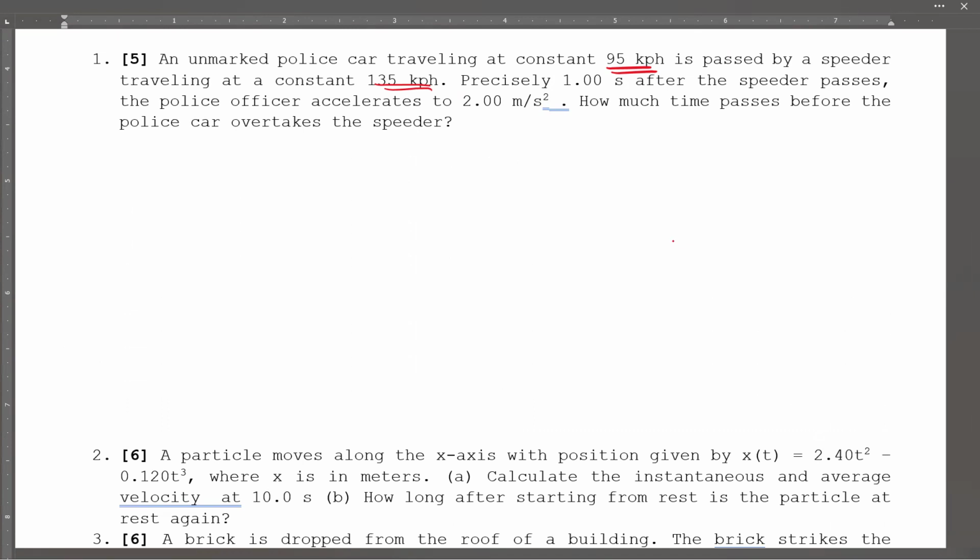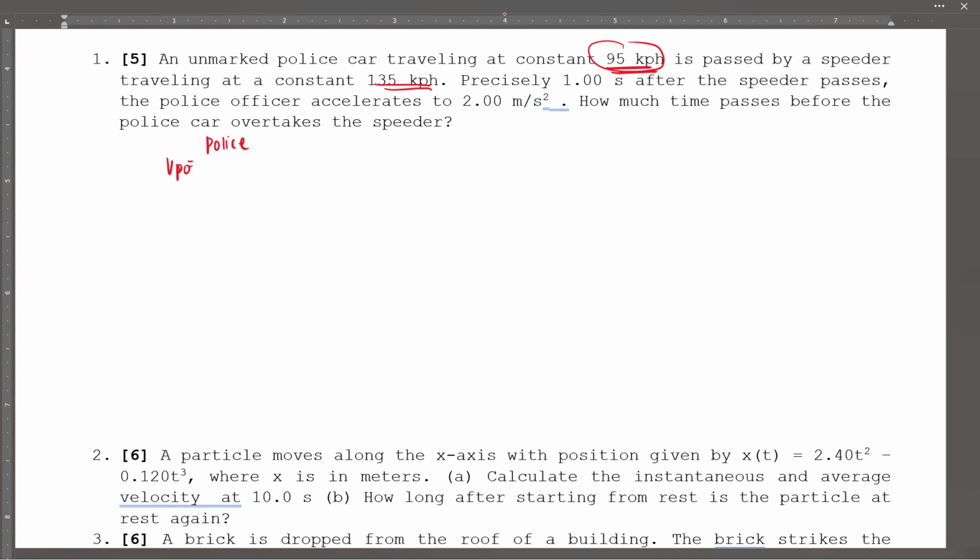So, kailangan ma-realize natin dito, class, na yung scenario na to is composed of two setups na magkaiba, no? So, meron tayong police car that is traveling at constant 95 kph initially. So, V naught of the police, so VP naught na lang, no?